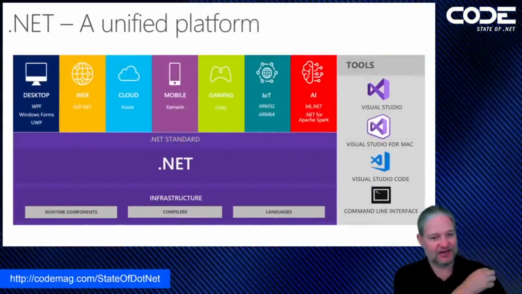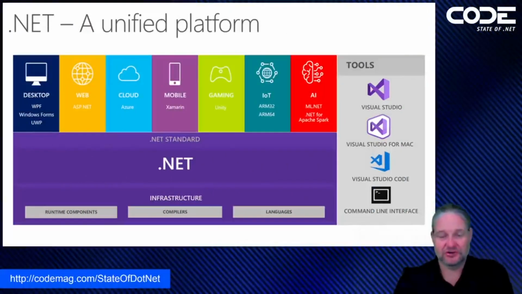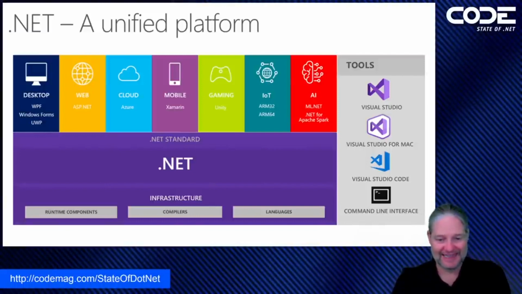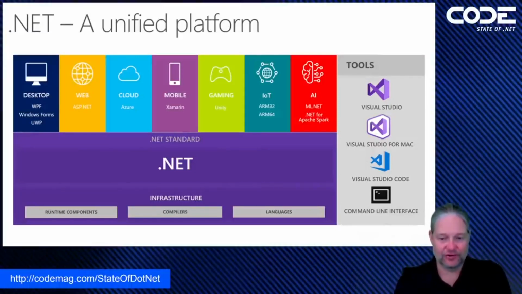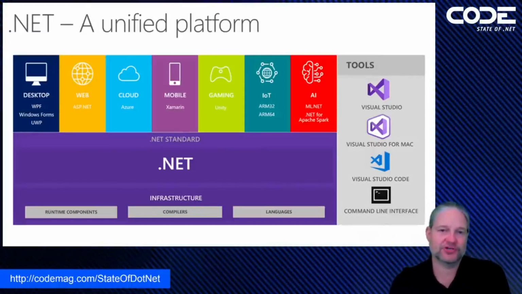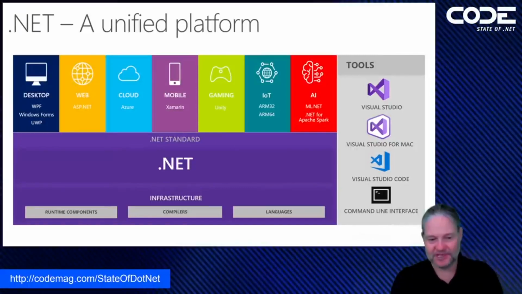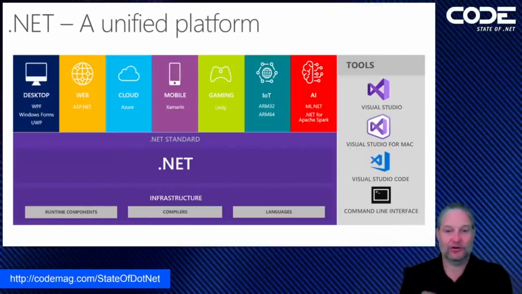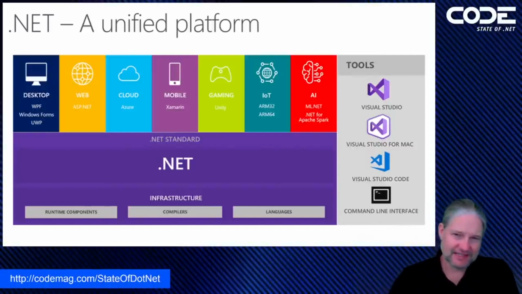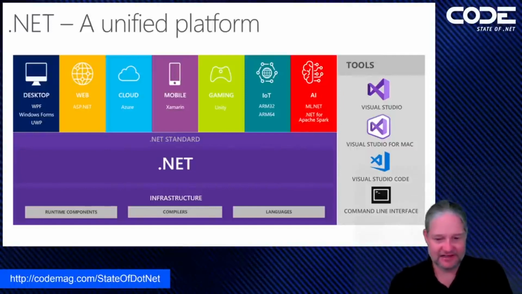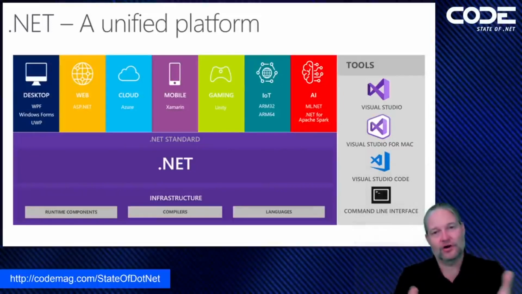Okay, another slide I've now used a few times, just giving you an overview of what's included in this unified .NET platform. All these different things that we are showing, from WinForms and WPF to the web, to the cloud, to mobile devices, to even the gaming guys, and of course AI and more, is all now on one platform.